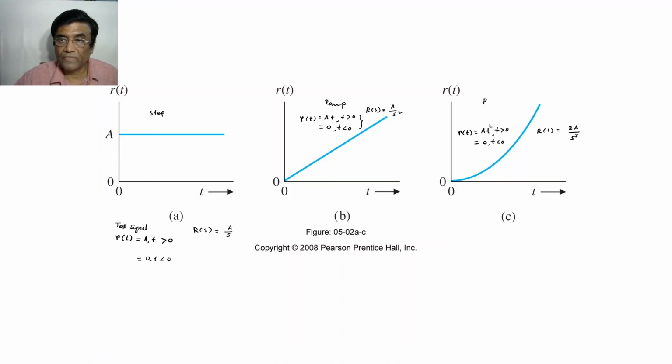This is the parabolic function. So using these functions, and this is the definition of the step function. So r(t) equals a constant A for t greater than 0, and then it is 0 if t less than 0. Okay, time less than 0 is not possible. So that's a step function.